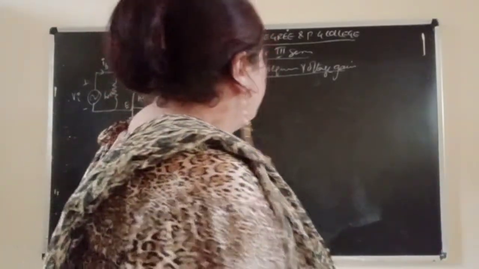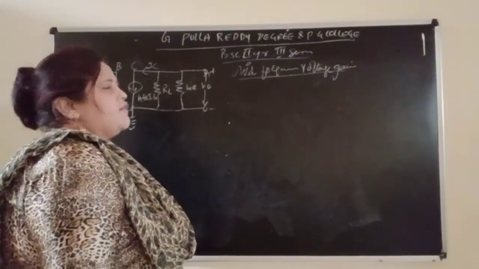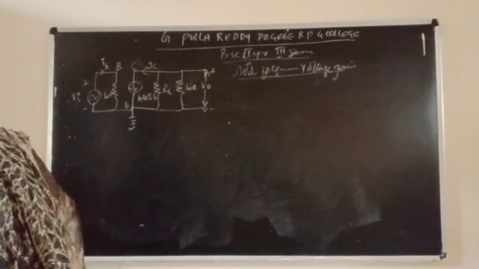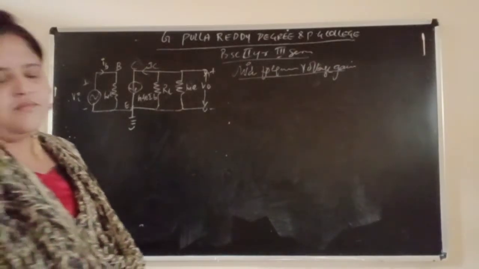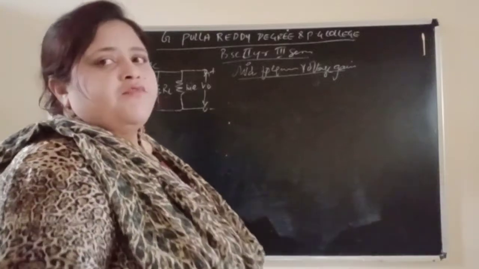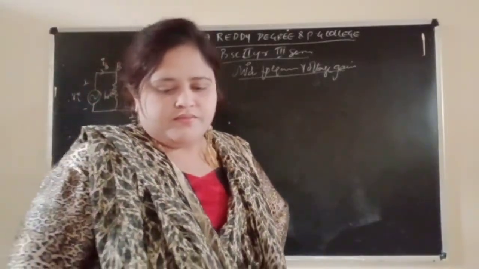See here, all of you. To calculate the voltage gain in the mid frequency range, first we should know the general gain formula. What is the gain formula? Gain is output divided by input.